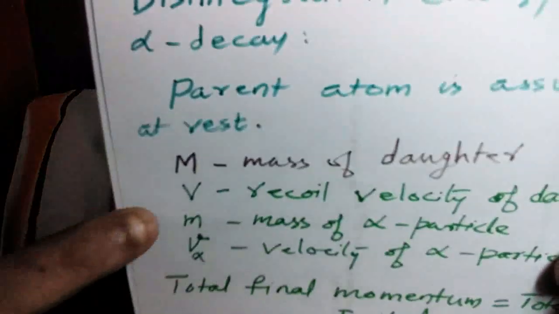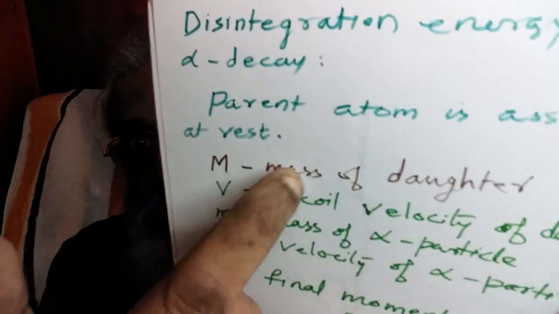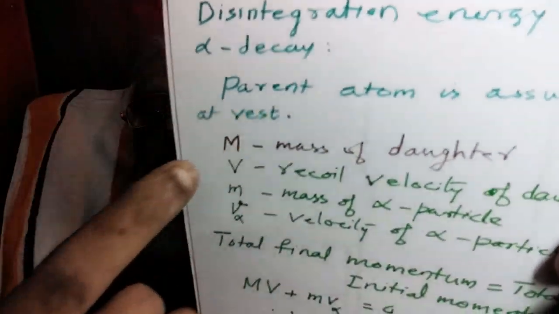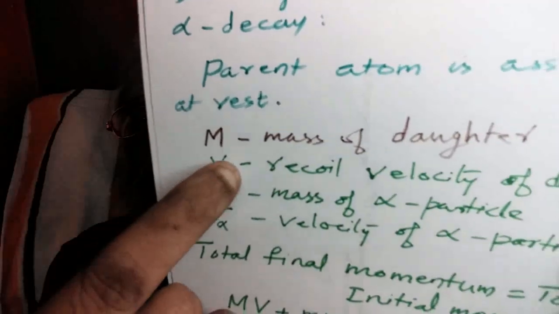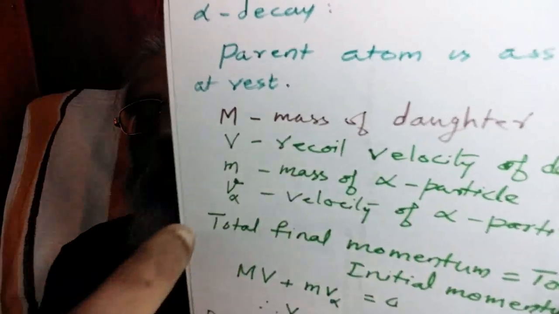Let capital M be the mass of the daughter nucleus formed after emitting the alpha particle. We get the daughter nucleus. Let its mass be M. V be the recoil velocity of the daughter. Small m be the mass of the alpha particle.